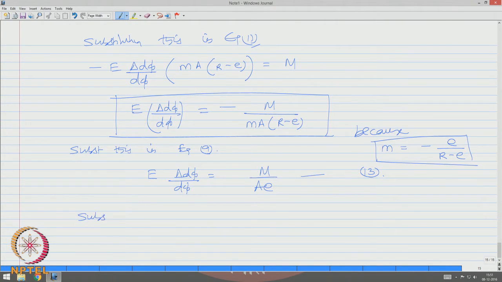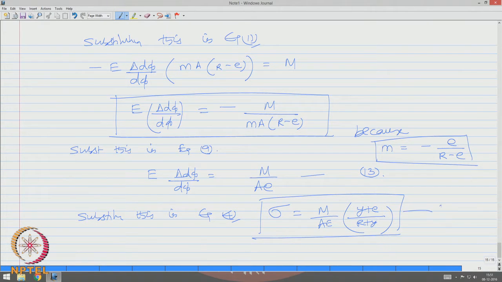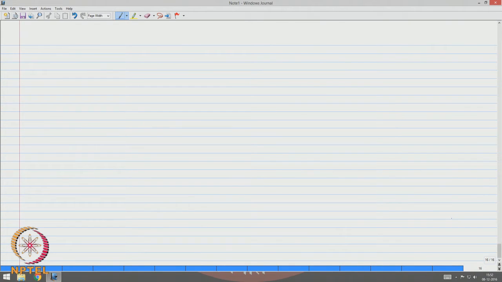Now, substituting this in equation 4, we get stress as m by A E into y plus E by r plus y.